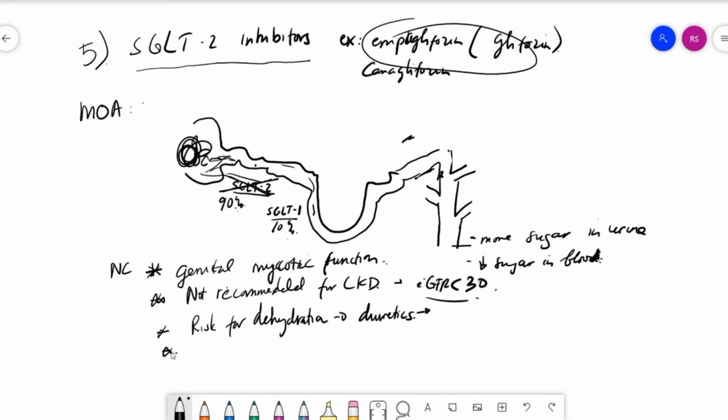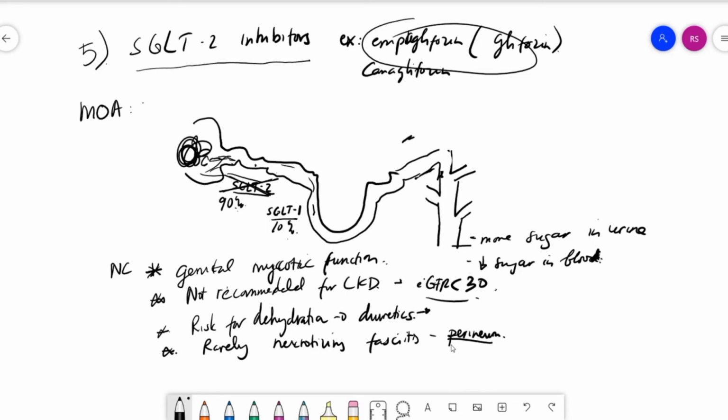And the next one is this drug very rarely can cause necrotizing fasciitis. This is a very, very nasty disease. It's very rare though, but it can occur in the perineum, between the genital and the rectum area.